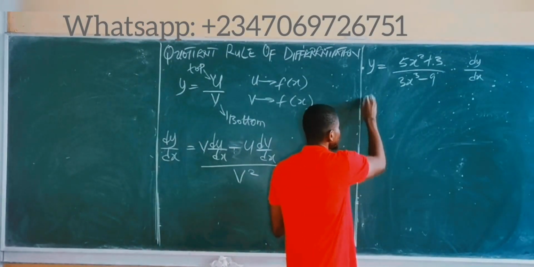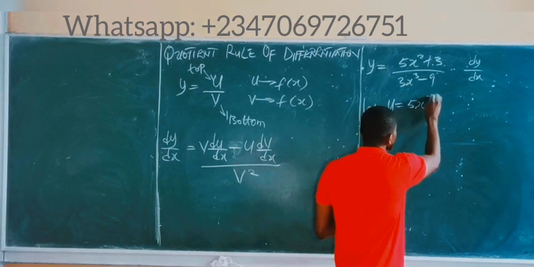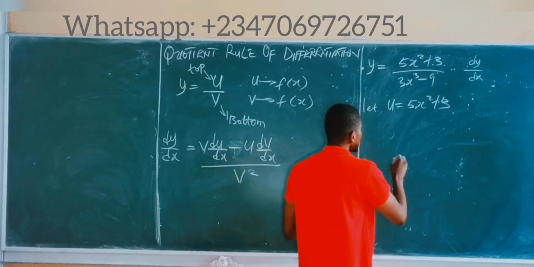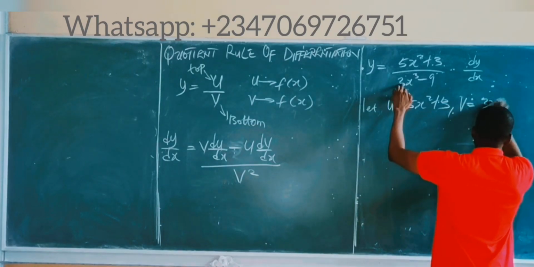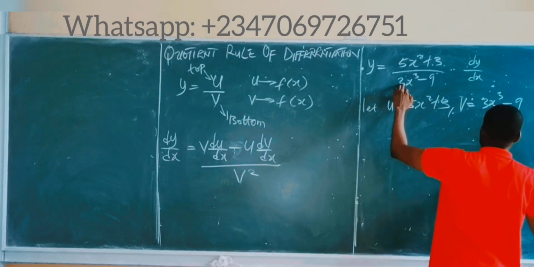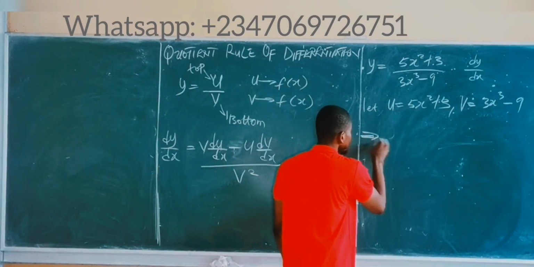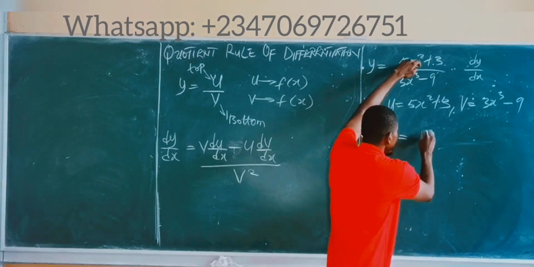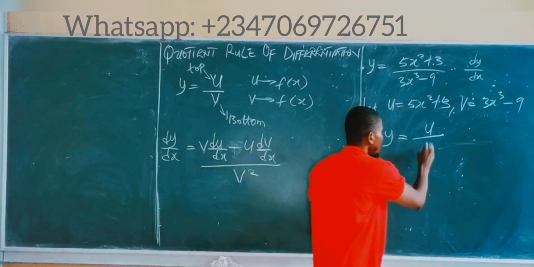We say let u be equal to 5x squared plus 3, so the whole of this term is called u, and let v be equal to 3x cubed minus 9, so the whole of this term is called v. So y is now u all over v.